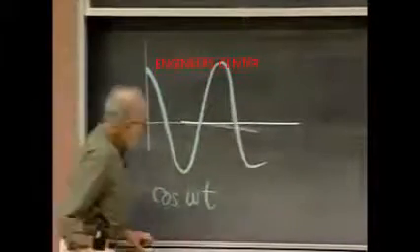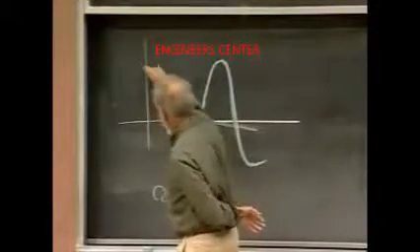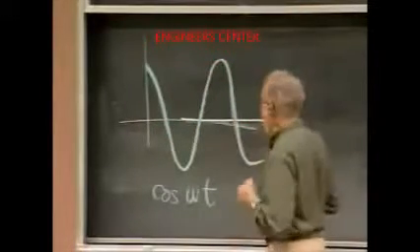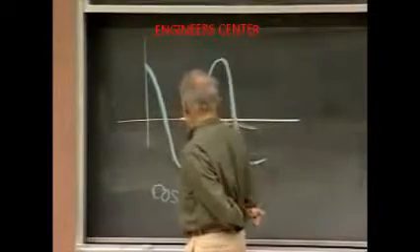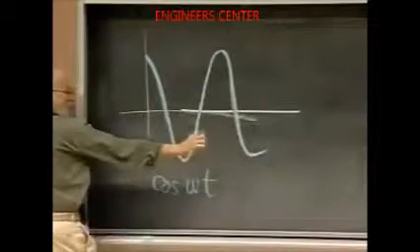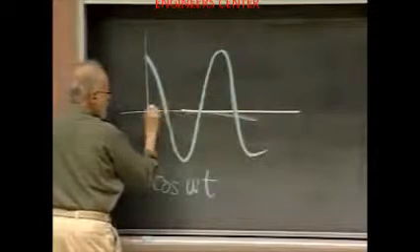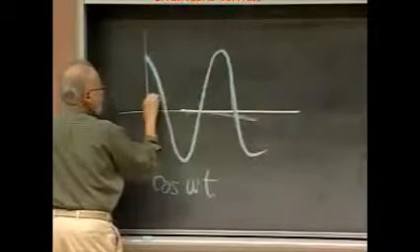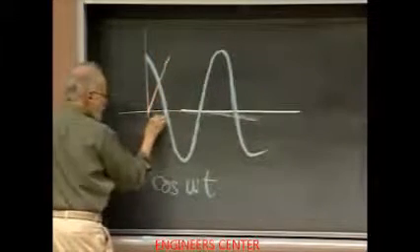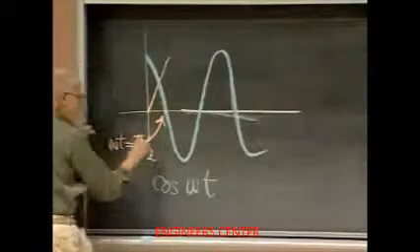Now how will cosine omega t minus phi look? Well, it'll be moved over. Let's, for example, suppose phi were pi over 2. Now, where's pi over 2 on the picture? Well, I shove it over, so this is the point where omega t equals pi over 2. It's not the value of t.